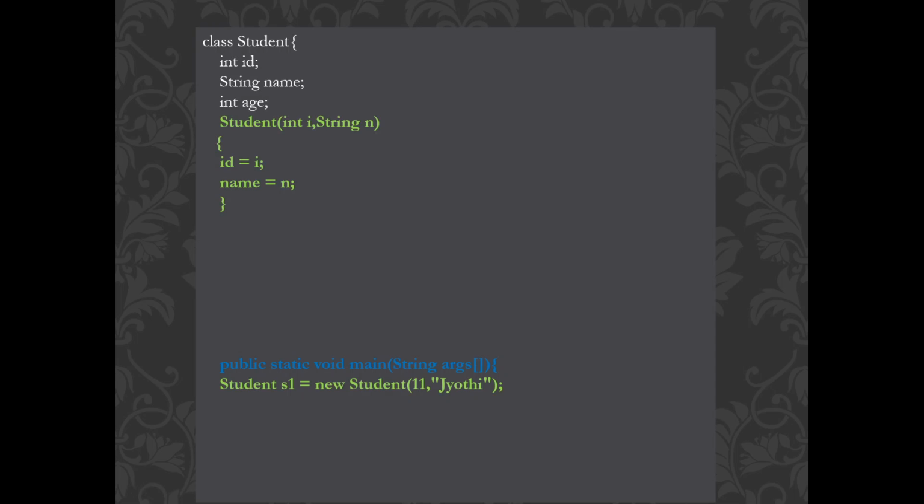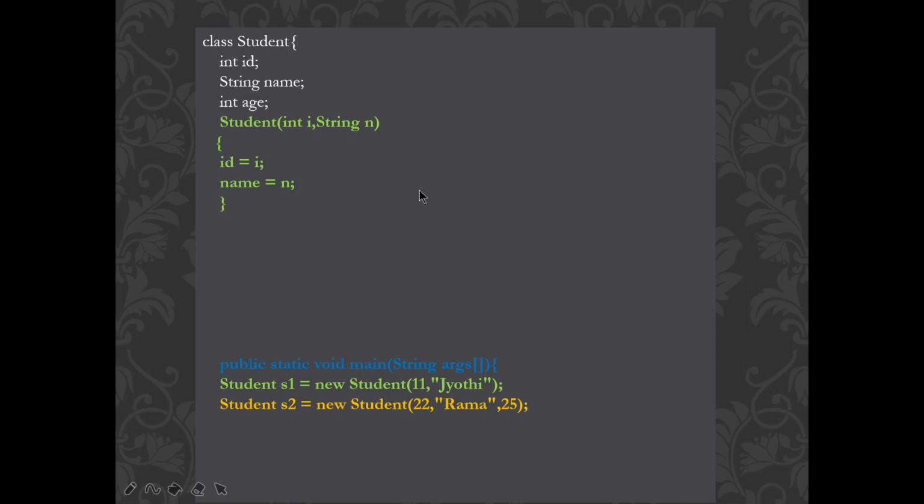Here I have written the code, where the Student constructor takes 2 parameters: the first is an integer and the second is a string. The i value is assigned to ID and the n value is assigned to name, but we have not initialized age here. If you are not initializing age, the age will be assigned 0 automatically by the compiler.